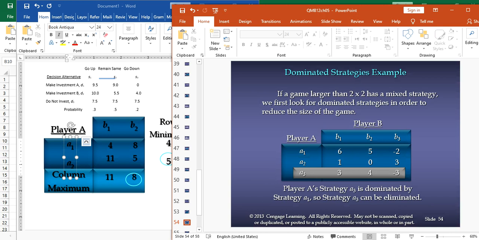But if we look, A3 strategy is dominated by A1. Why? 6 is greater than 3, 5 is greater than 4, minus 2 is greater than minus 3. So we can remove this one. And for the strategies of player B, we can find the same case over here.